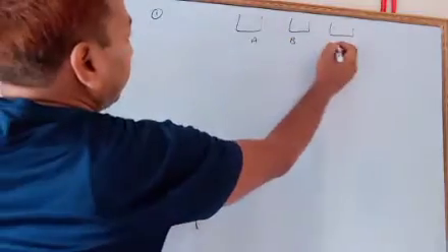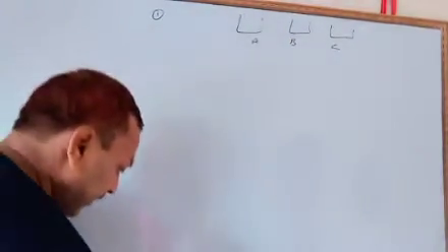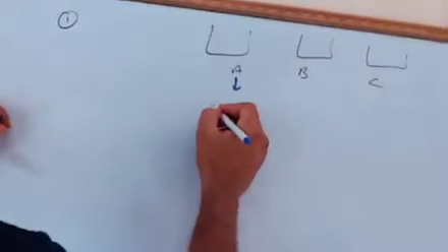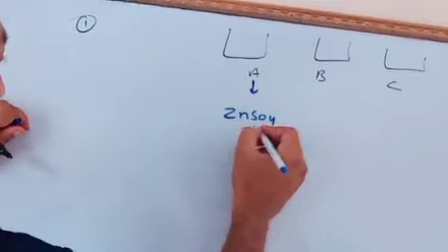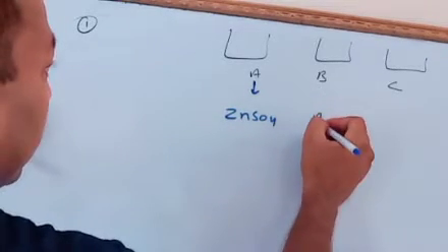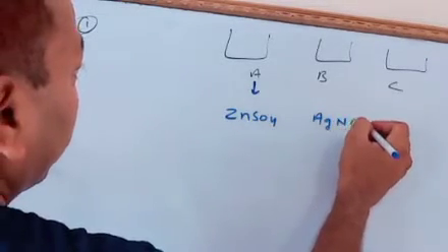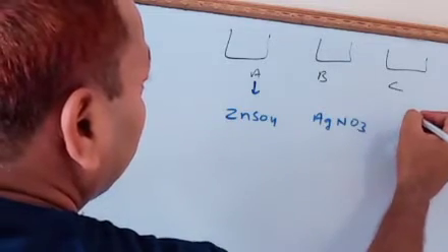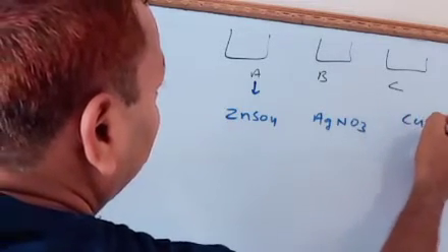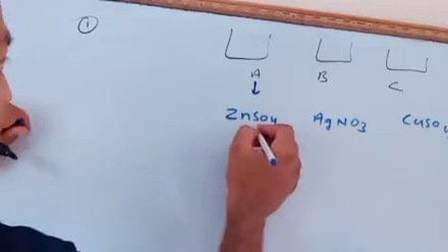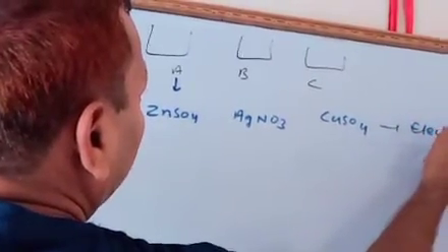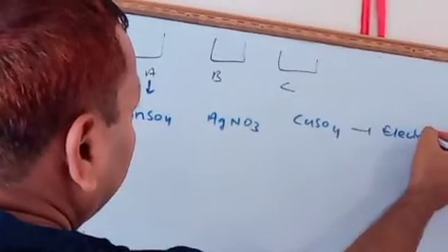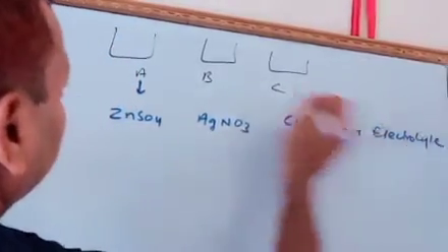A, B, C, these are three electrolytic cells. A contains the electrolyte zinc sulfate, B silver nitrate, and C copper sulfate. These are the electrolytes, and one condition is that they were all connected in series.